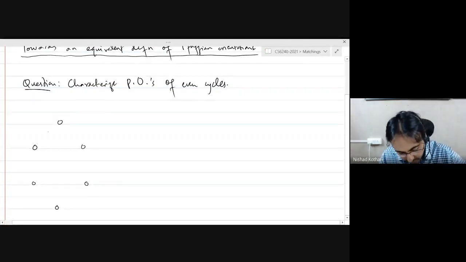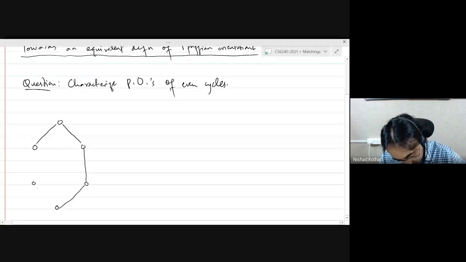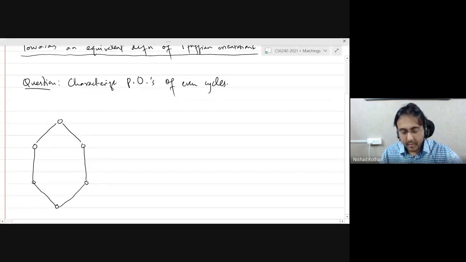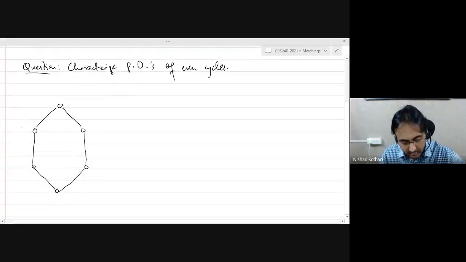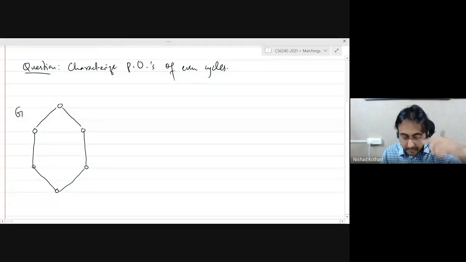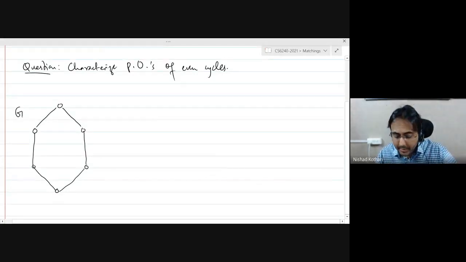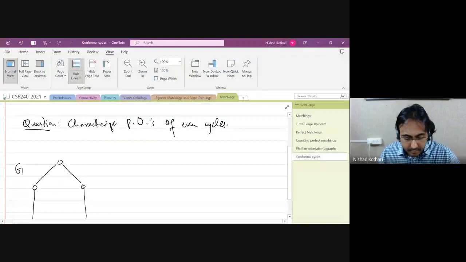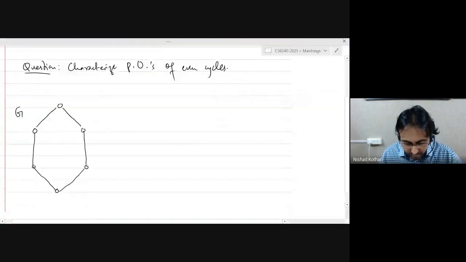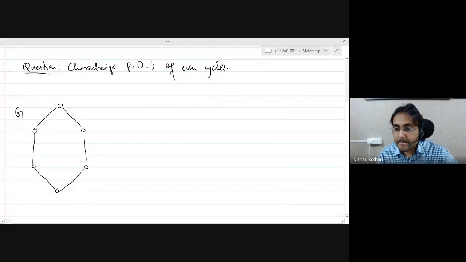So let me take the following even cycle, a 6-cycle. Think of this as our graph G. How many perfect matchings does this graph have? How many perfect matchings do you see here? 2.